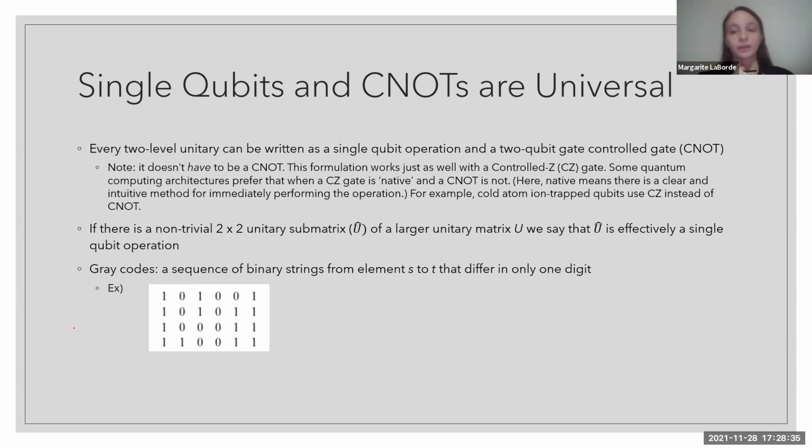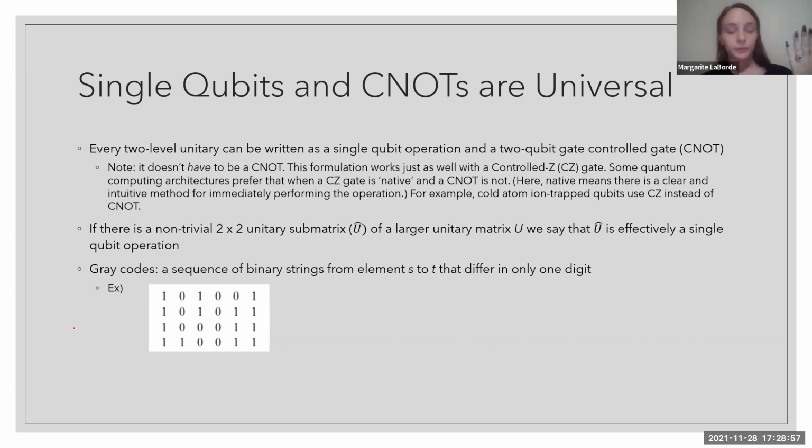So one thing I wanted to note is you're going to hear throughout this talk, and if you go on to look at other quantum computation, that CNOT is the gate that you have to add in, but this is not necessarily true. It just has to be a 2-qubit controlled gate, and then your other single qubit operations.